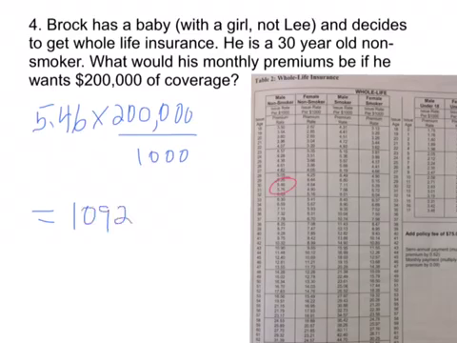Are we done? No, it's life insurance, so we need to add $75. We do that before we figure out monthly premiums because it's an annual fee of $75. So that's going to give us 1,167. That's per year. That's for term also, right? Yes, for term as well.